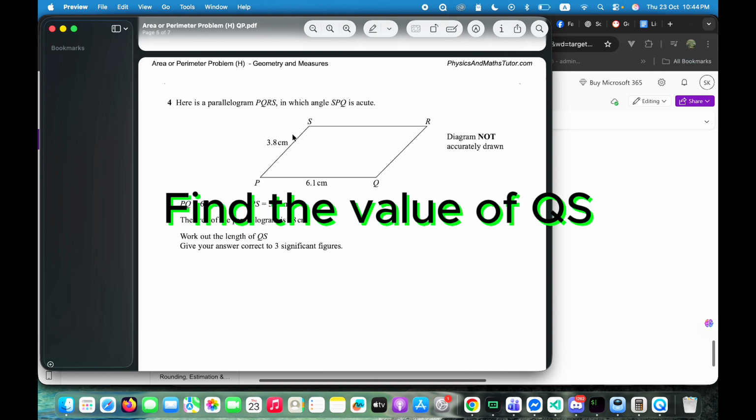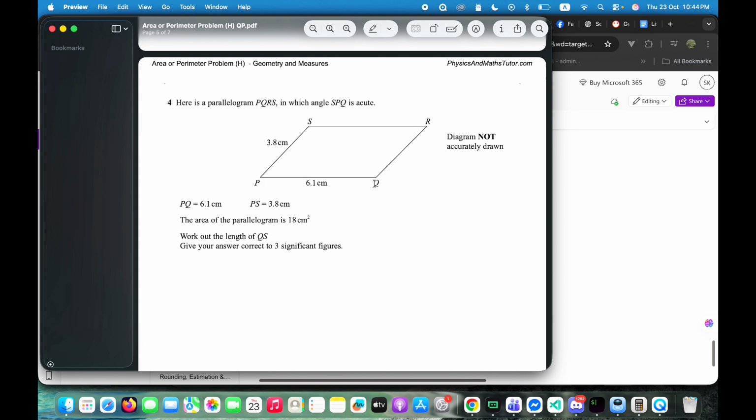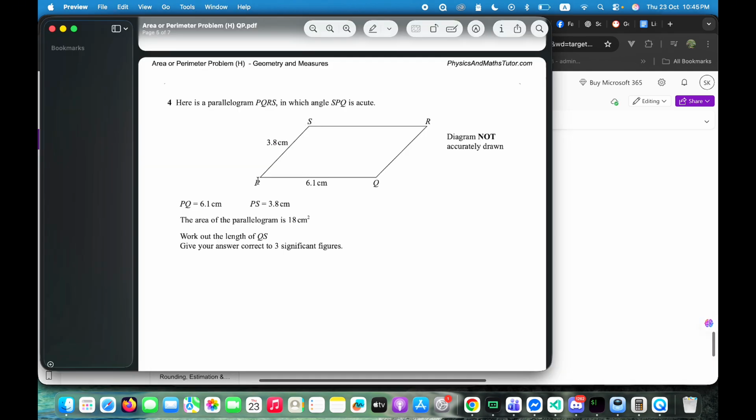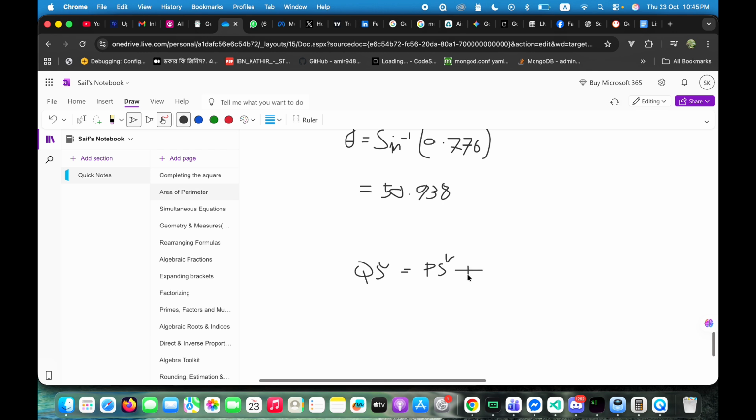The cosine rule would be PS square plus PQ square minus 2 into PS into PQ into cos of this angle theta. So QS square equals PS square plus PQ square minus 2 into PS into PQ into cos theta, the value that we derived.